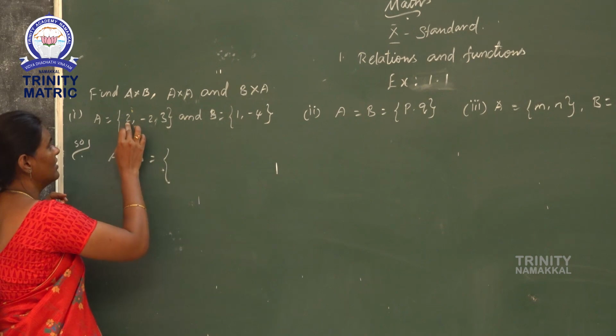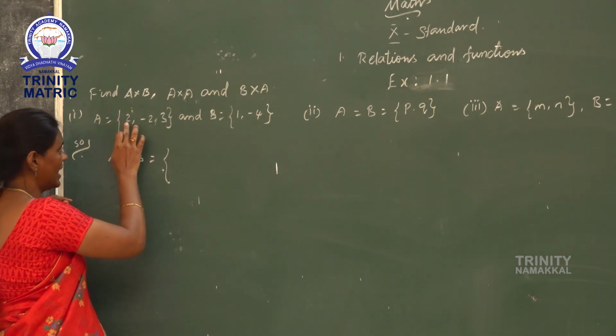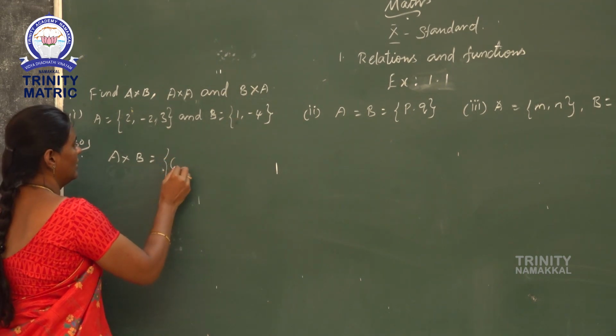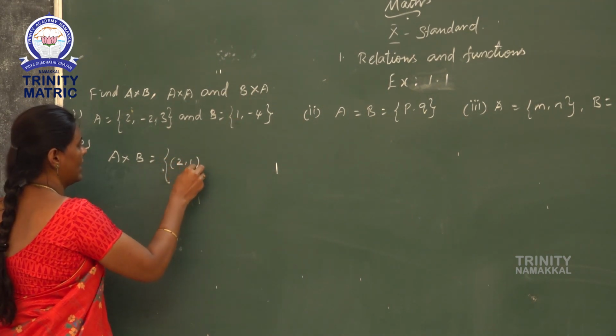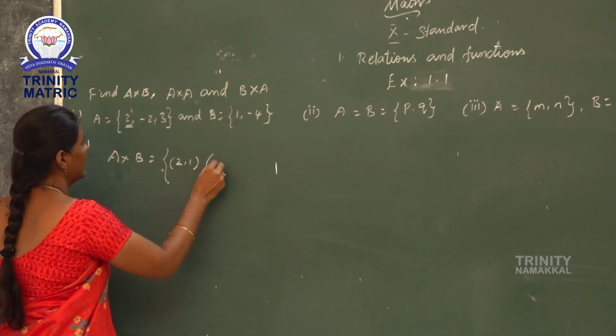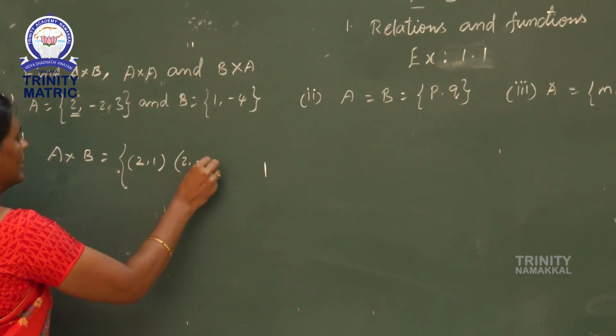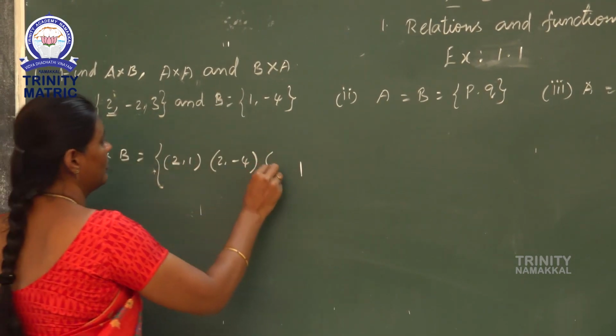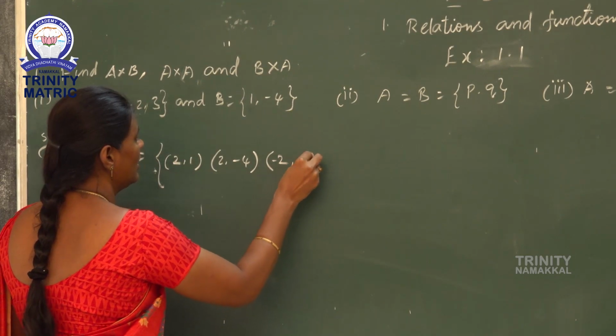See here, first we take the first element from A with the first element from B. Right, we can write (2, 1). Then we take the first element from A with the second element from B: (2, -4). Like this we take the second element from A with the first element from B: (-2, 1).